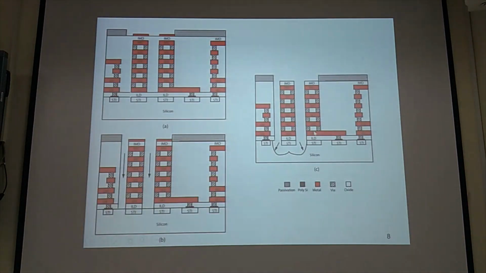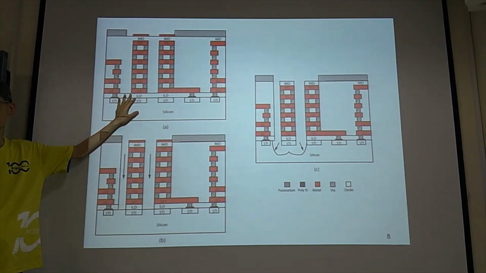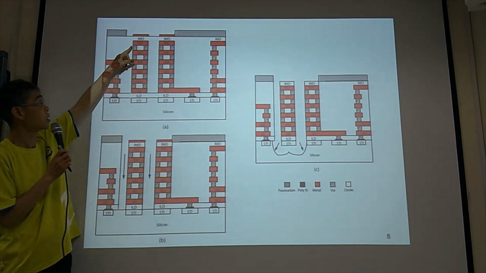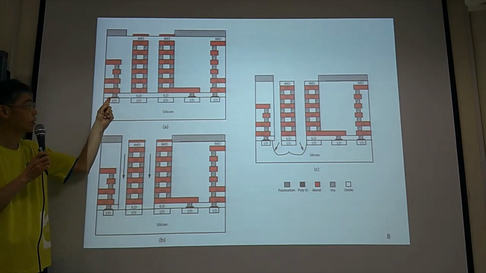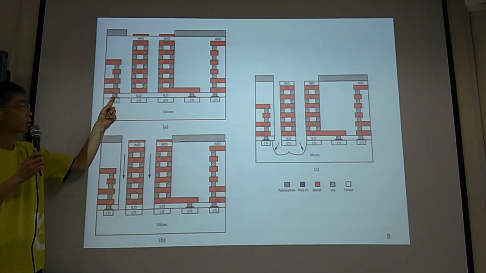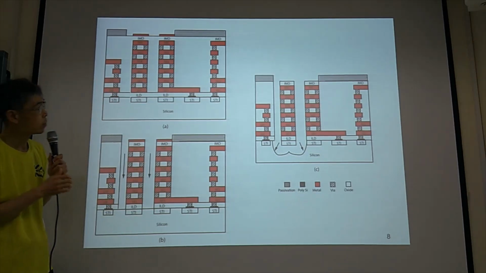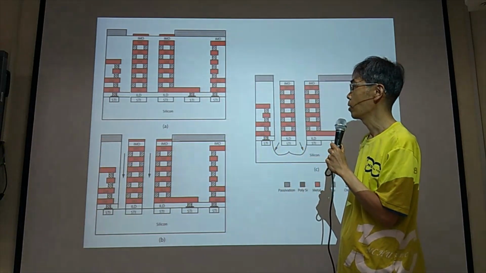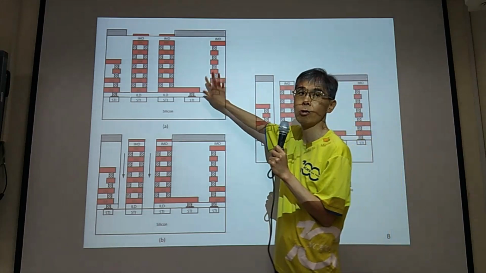In the fabrication technology, we use this 1-poly 6-metal fabrication process. Metal 1 to metal 6, and we have the poly layer. After the CMOS process, for the circuit part, you can get a chip like this.